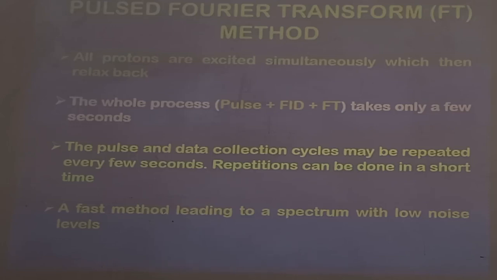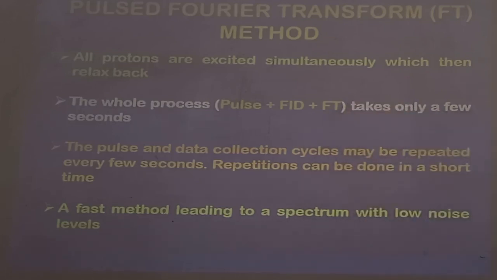So what we do is convert this time domain signal into a frequency domain signal by applying a mathematical operation which we call the Fourier transform, and that is why this technology is known as the pulsed Fourier transform technology.